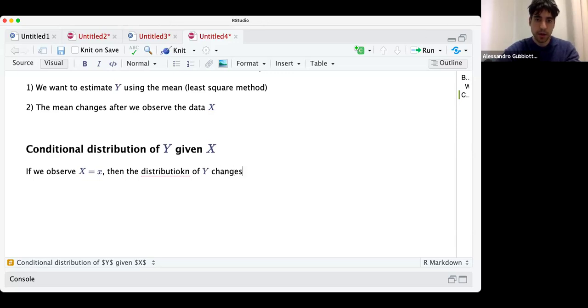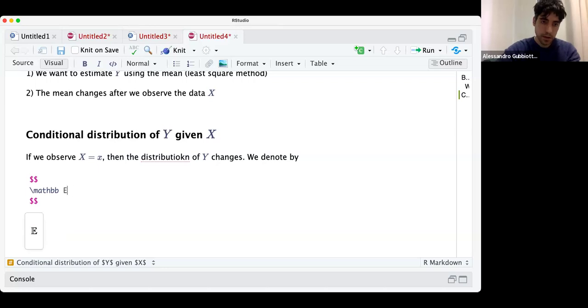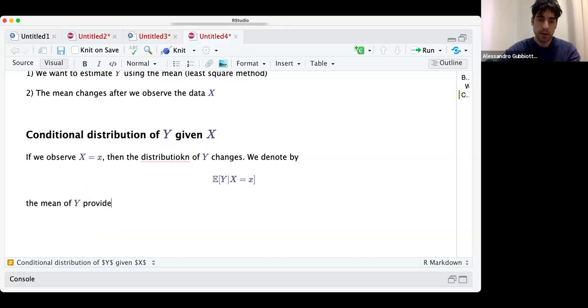And so we denote by this symbol here the expected value, the mean of y provided x equal to x.